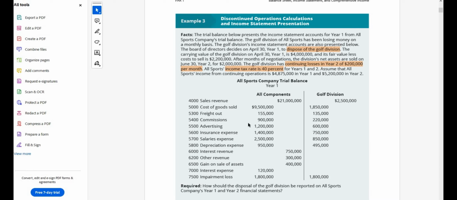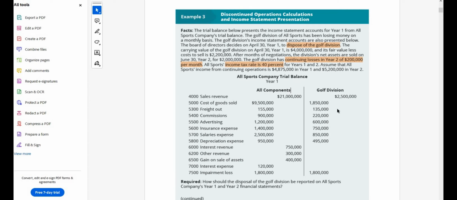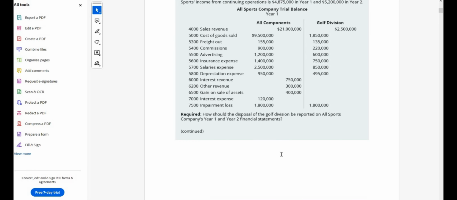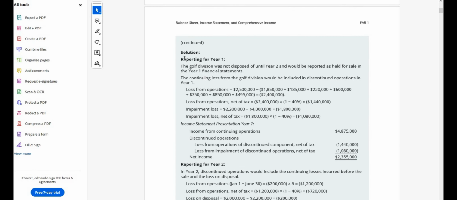So all sports components are under continuing operation and the golf division is under discontinuing operation. So we have to deduct all the cost from sales revenue. See, for reporting year 1, the golf division was not disposed of until year 2.